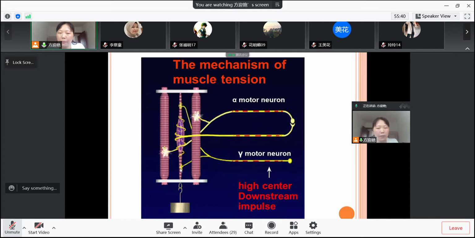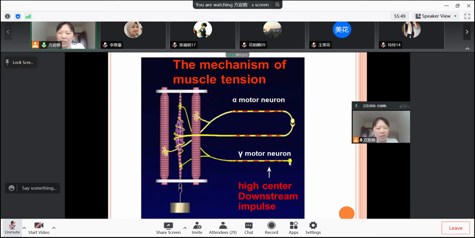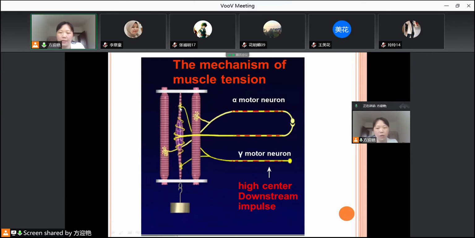The gamma nerve fiber mainly controls the intrafusal muscle. We can see this intrafusal muscle. When the gamma motor neuron is excited, it releases ACh and acts on the M receptor, and this leads to intrafusal muscle contraction.